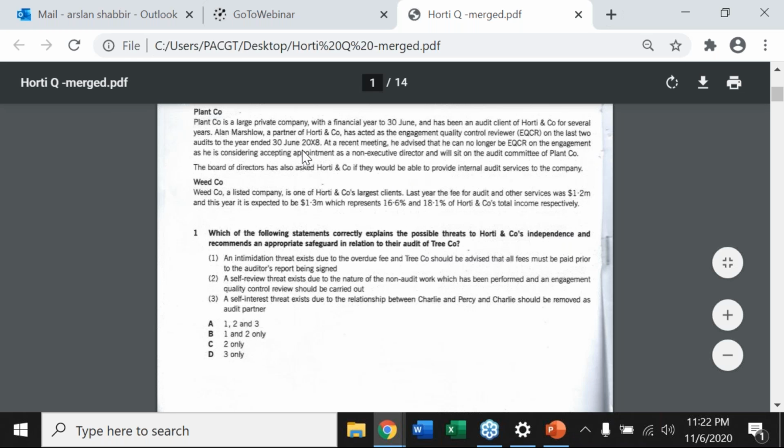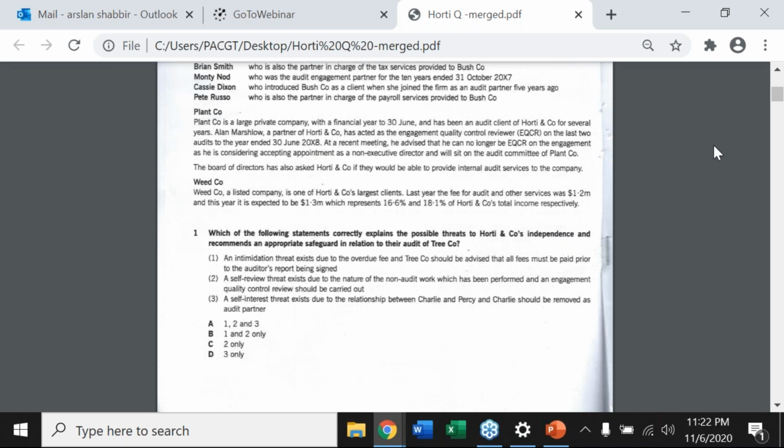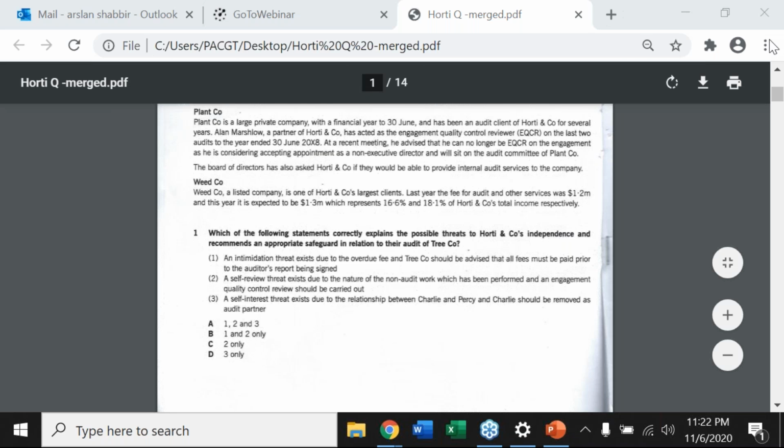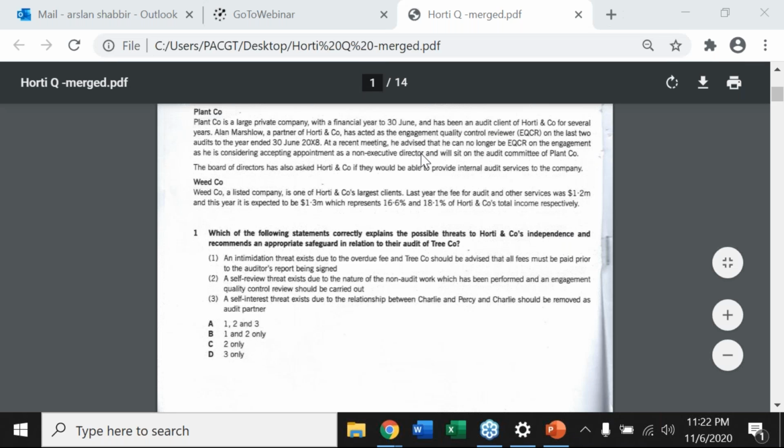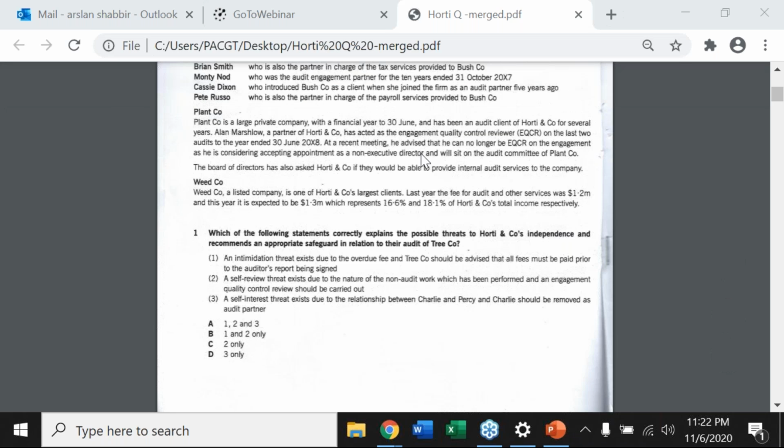Please listen carefully: the threat is given in the question, and you need to identify its name and recommend the safeguard. So we have read the first requirement. Now we come to the second requirement.